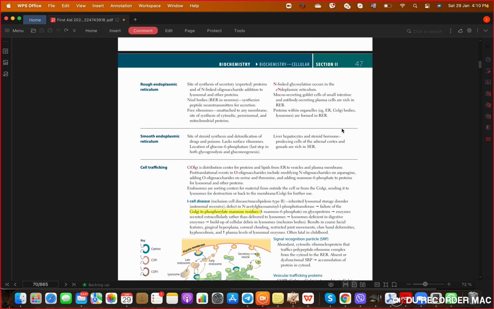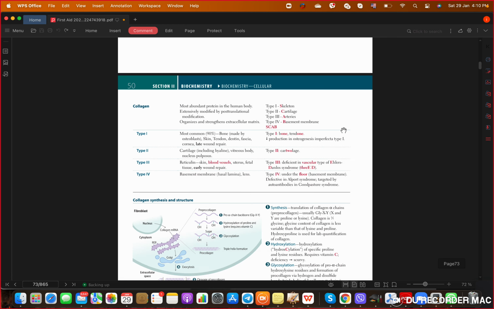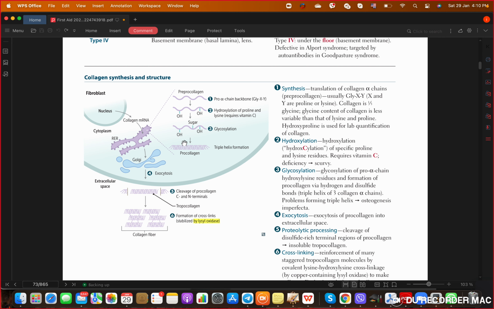I just remember in collagen synthesis, Doc. After extracellularly we cleave the N terminal and the C terminal of the protein. Yeah, that's correct. But they never say where it is attached. So this is where it attaches, Doc, in step 3. In glycosylation, they attach the N terminal to it for it to come out and get cleaved, any protein.